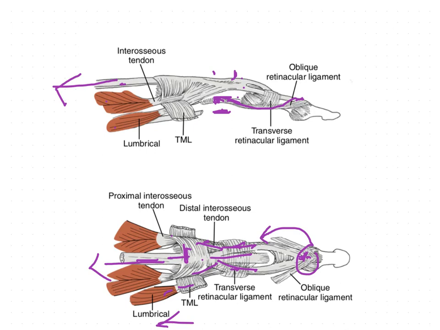The stretch on the ORL at the proximal joint creates a pull on the ORL insertion at the distal lateral bands, and thus on the terminal tendon that lies dorsal to the DIP. Once the stretch occurs, this pull creates tension, and this pull creates extension of the DIP.